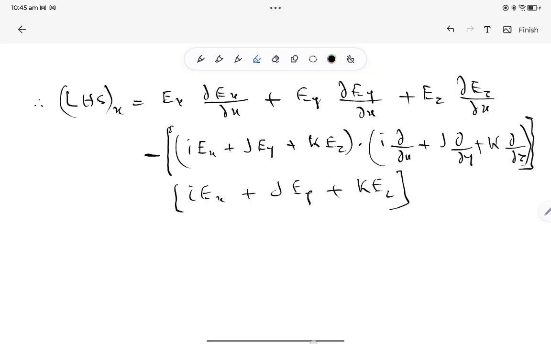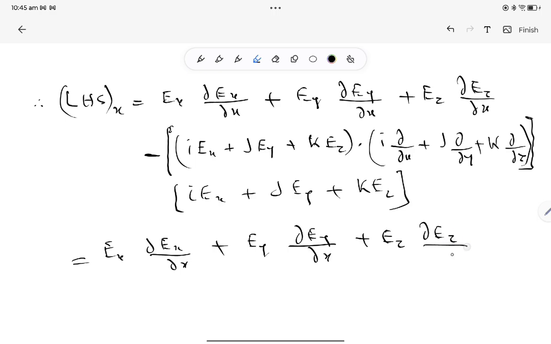Now, let us first handle the dot product. First is ex del ex by del x plus ey del ey by del x plus ez del ez by del x, minus. Now, first let us go for the dot product of these.